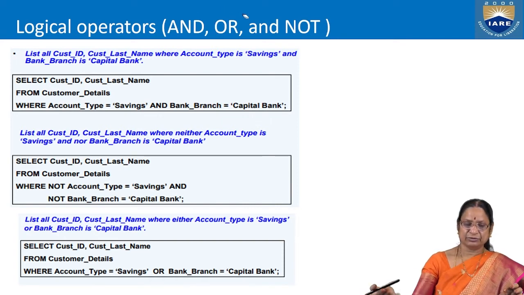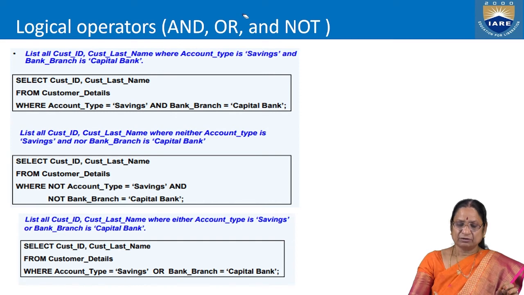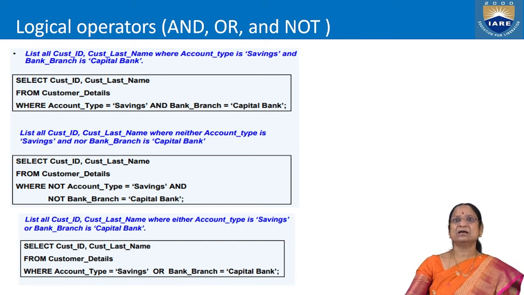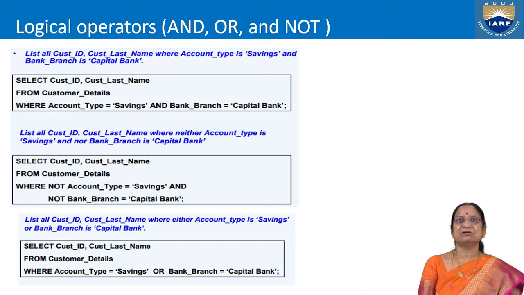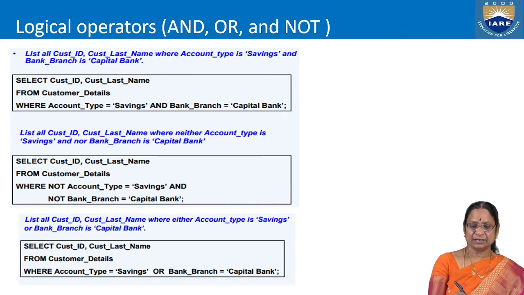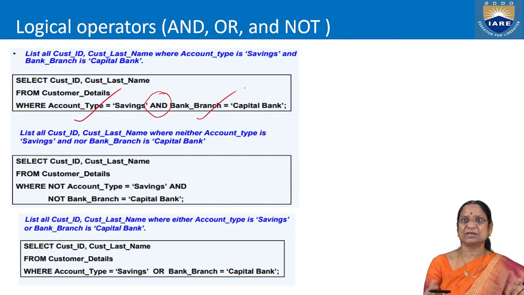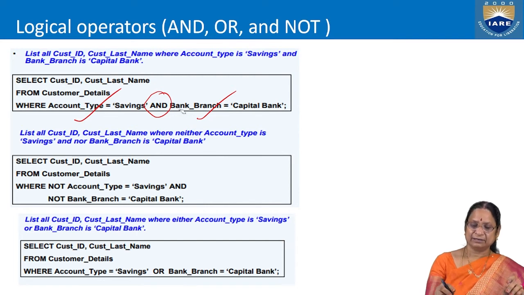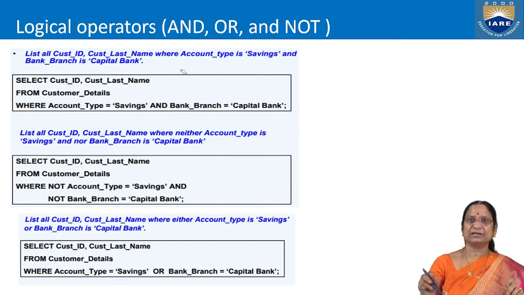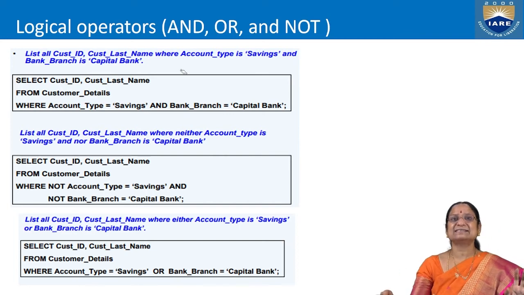You observe: all customers whose account type is saving and who belong to the Capital branch. Here in the WHERE condition we have written first account type is saving and bank branch is equal to Capital Bank, and these two conditions are combined with the AND operator. That means both must be satisfied.